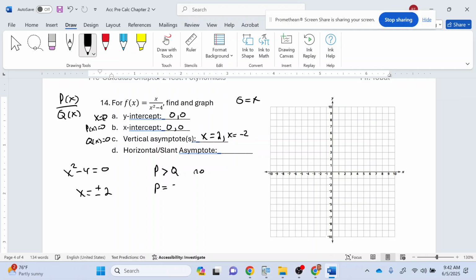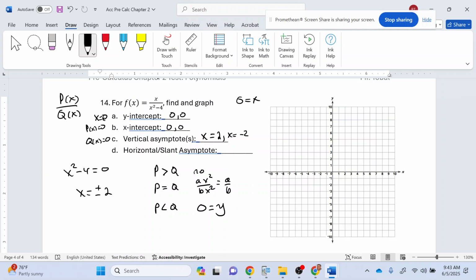If it was p equal to q, then it would be the ratio of the biggest exponents. So in this case, it would be like A over B. And then if it is p smaller than q, aka the bottom has a bigger power, it's automatically equal to 0. Y equals 0. If p equals q and what? Then you take the coefficients of the front numbers, which I think the next question has.